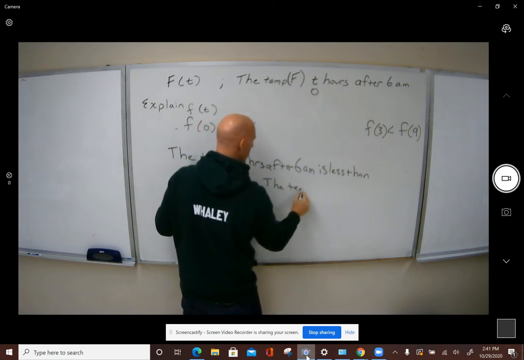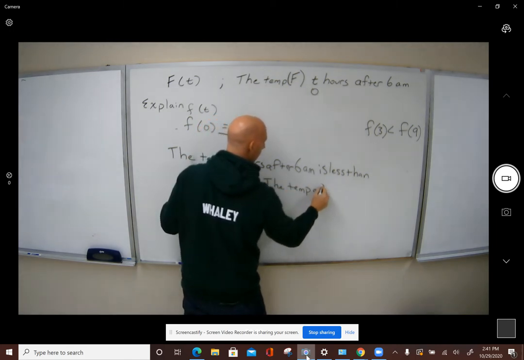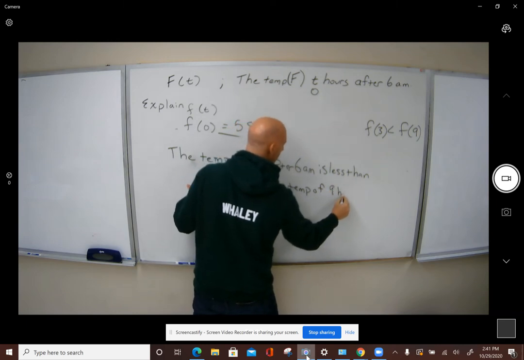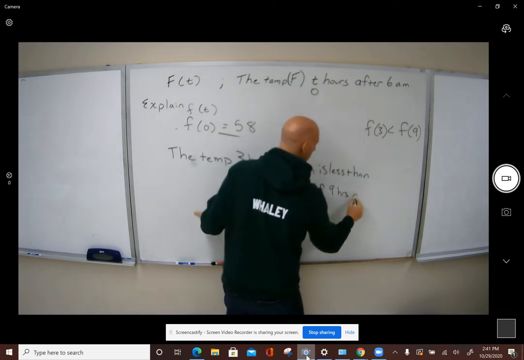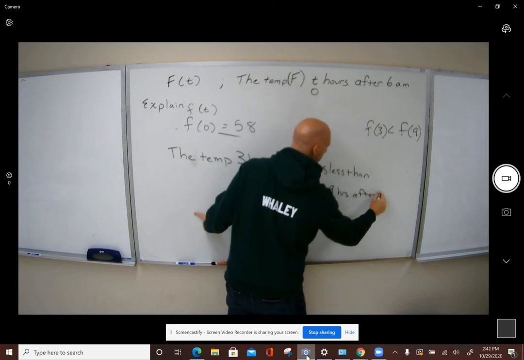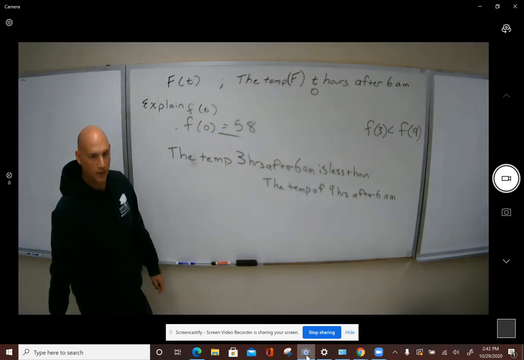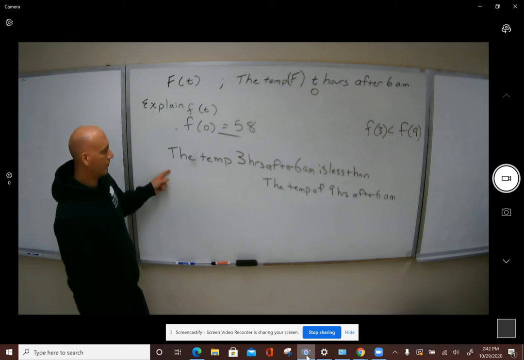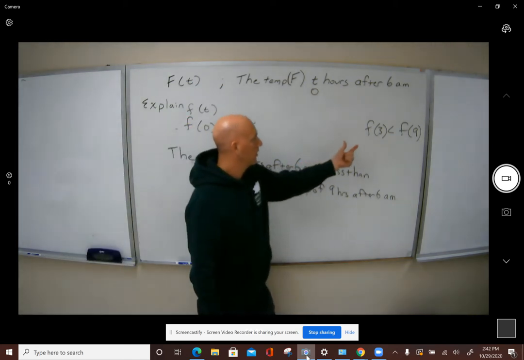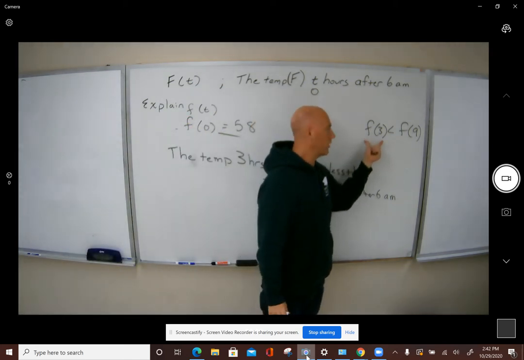The temp of 9 hours after 6 a.m. Okay? Well, let's just think about it. All we're saying is the temperature, it was colder here than it was here because the temperature is less.